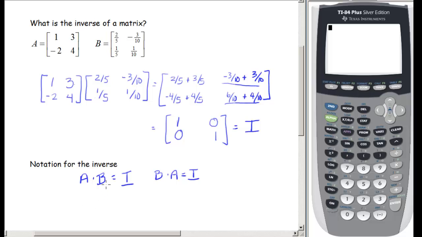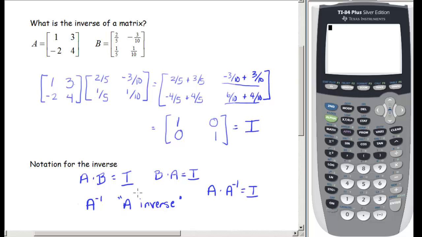And so instead of writing B, we write A, and then it looks like it's to the power -1, but we don't say that. We say A inverse. That's how we describe that. So instead of writing A times B, we would say A times A inverse equals I.